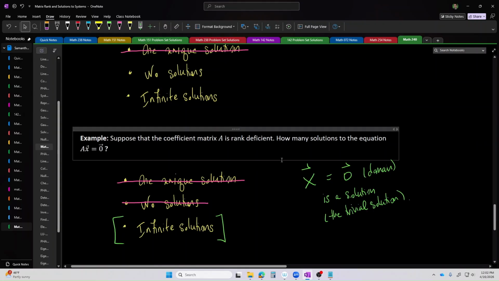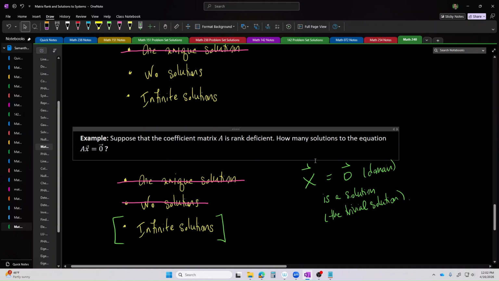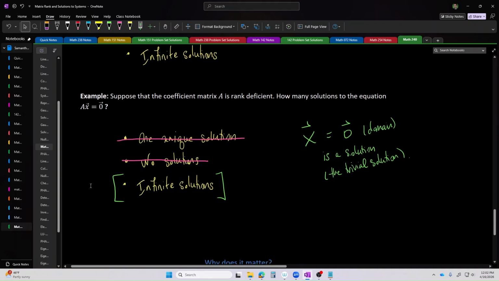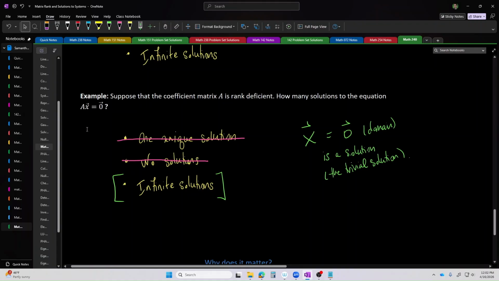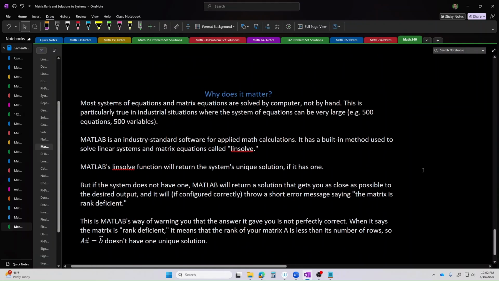A rank deficient matrix always has a null space that has infinite vectors inside of it. Both the zero vector is in the null space of this matrix, and also there is an infinite collection of other vectors inside of this null space, coming from this equation having at least one free variable that's giving you infinite solutions.